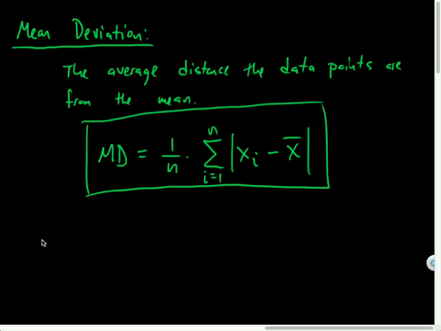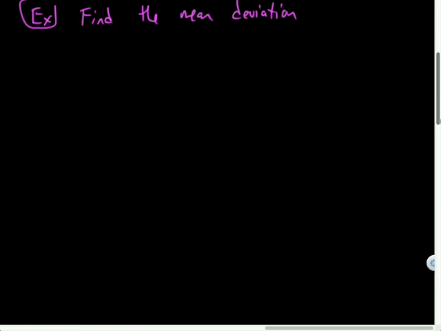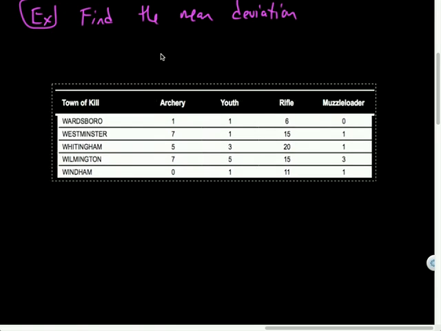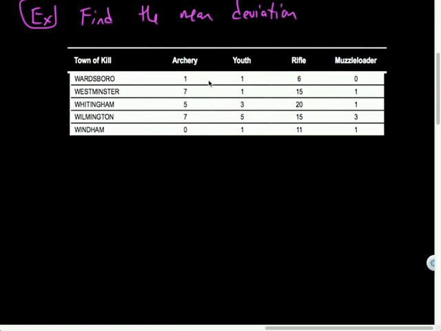So let's do an example here. Find the mean deviation, so the average distance that our data is from the mean. Let's see, which one should I pick from our chart here? Let's do the rifle harvests.